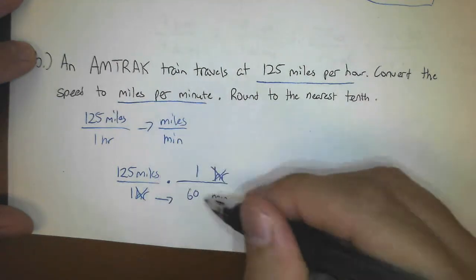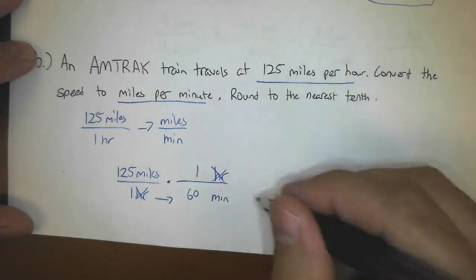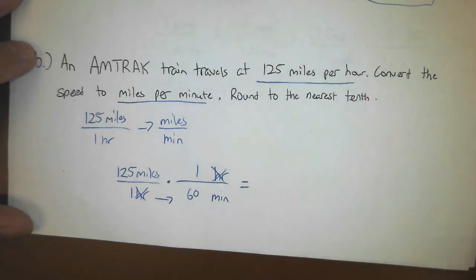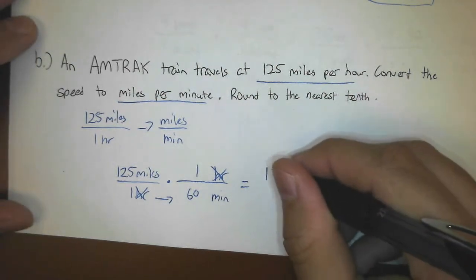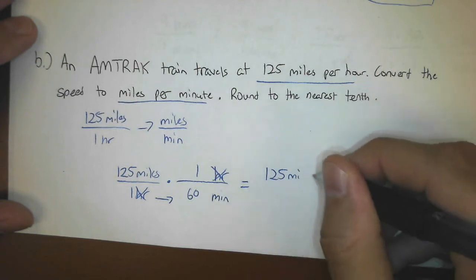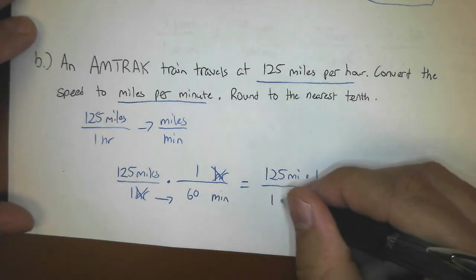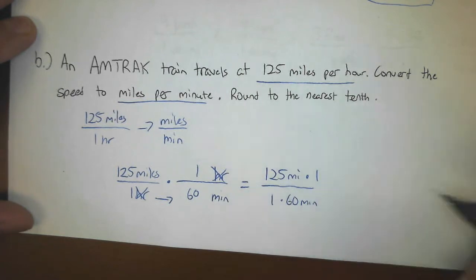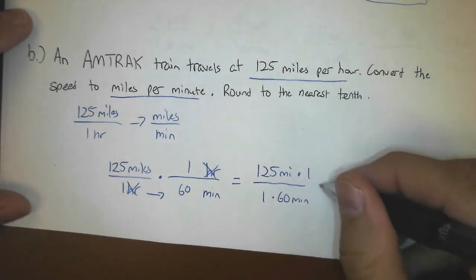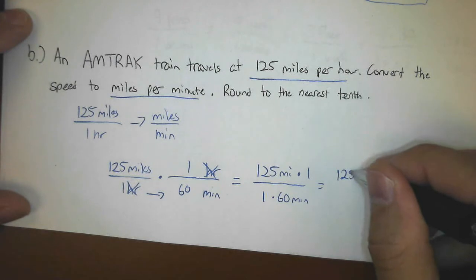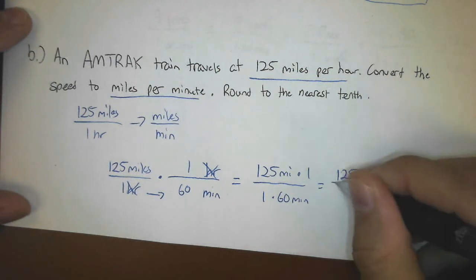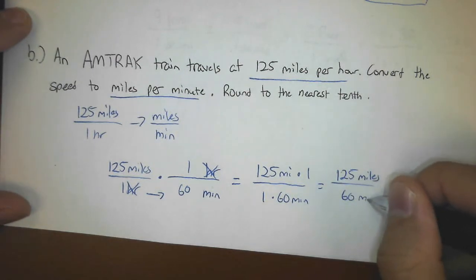I'm left with miles over minutes. I can multiply across now. 125 miles times 1, all over 1 times 60 minutes, which would give me 125 miles per 60 minutes.